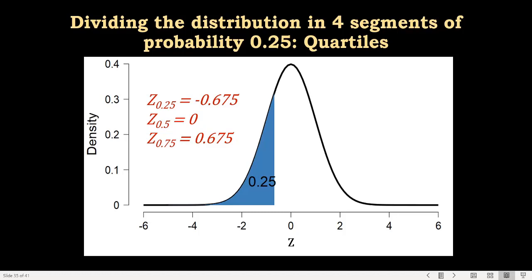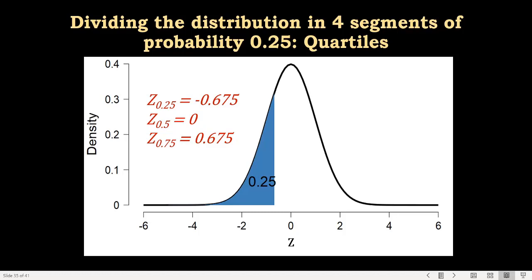Now, the second value to take into account is 0, because we know that it is a symmetrical distribution. Therefore, from 0 to negative infinity, there should be 50%. And if we know that 25% is between negative 0.675 and negative infinity, then we can conclude that between negative 0.675 and 0, there is another 25% probability.